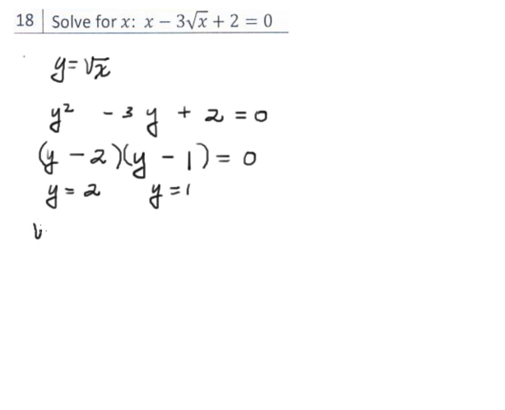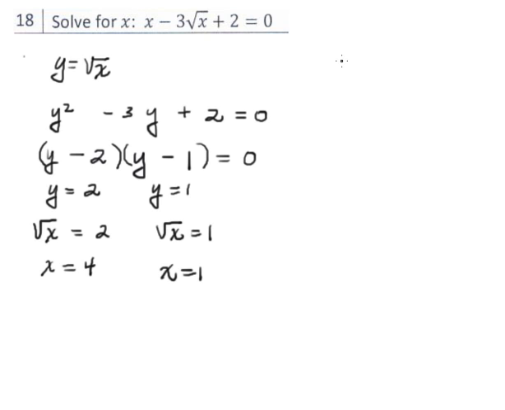And let's put back the x. y is equal to the square root of x, so that's square root of x equal 2, square root of x equal to 1. And square both sides, that gives us x equal 4. And here square both sides, and we have x equal 1.